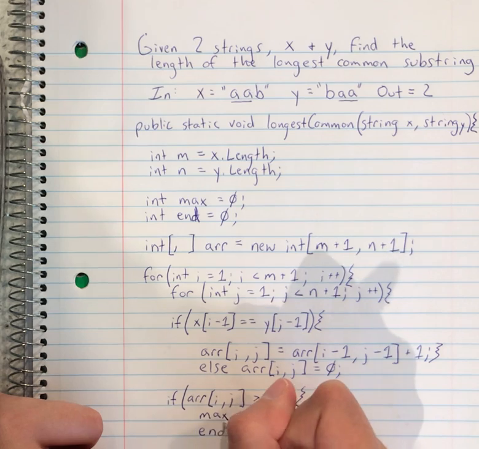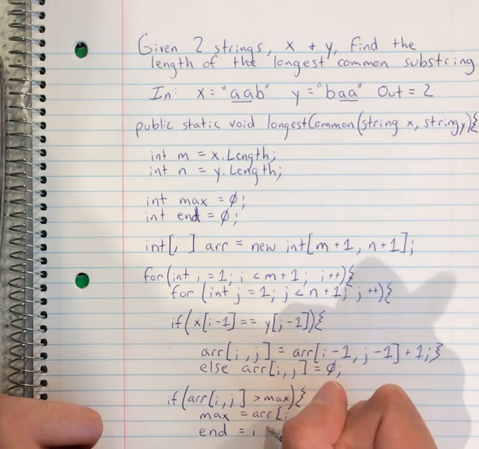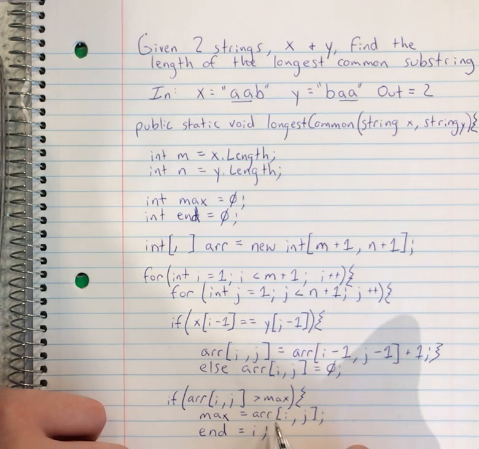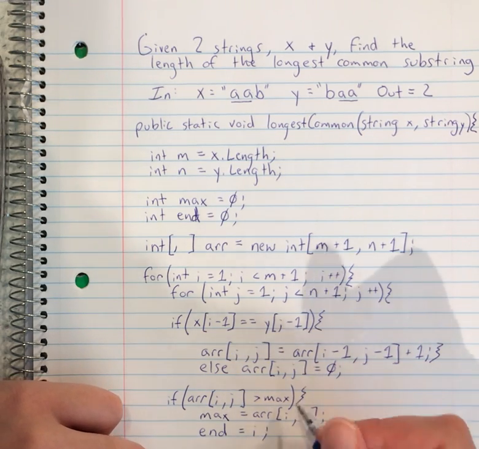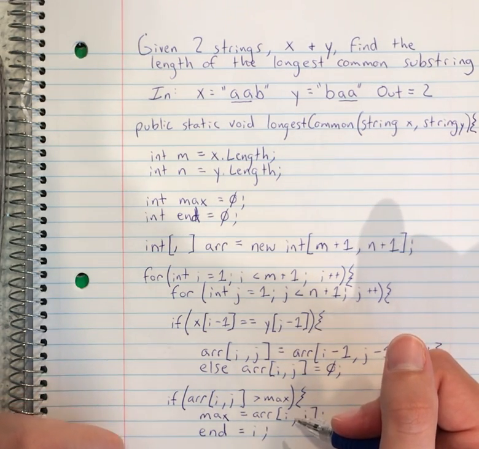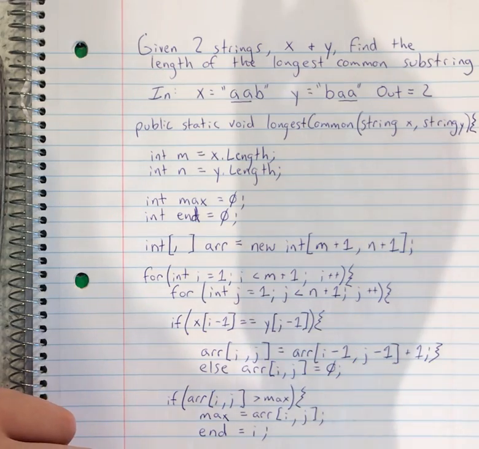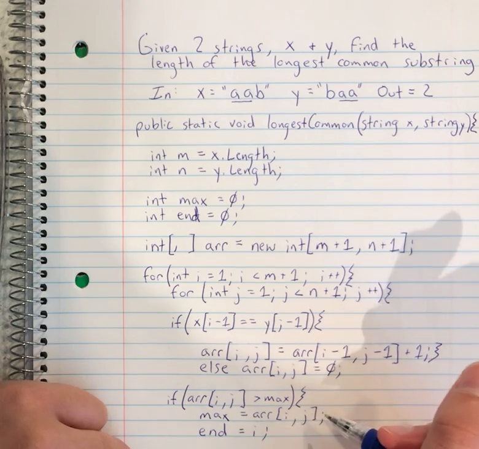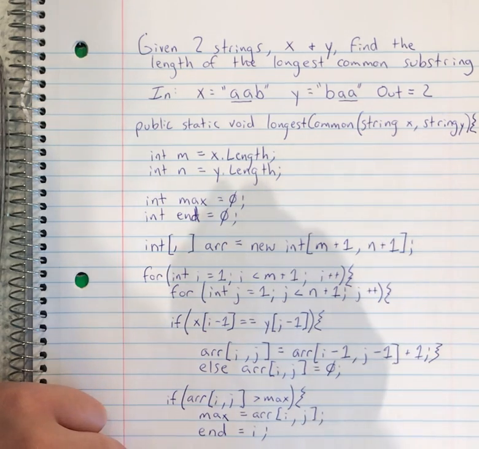And we'll update end as i. So we'll know that the maximum substring we've seen up to this point is the length stored in ij, and it ends at our current ith element.